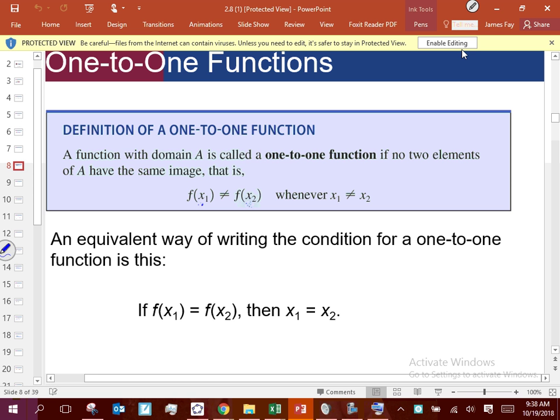A phrase that you'll see a lot after they write this is that every y value, or f of x value, is paired with one and only one x value.